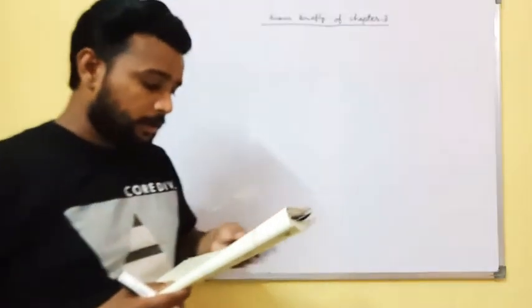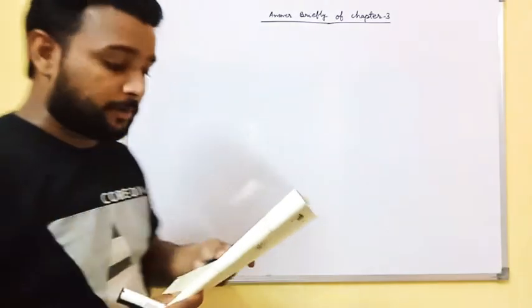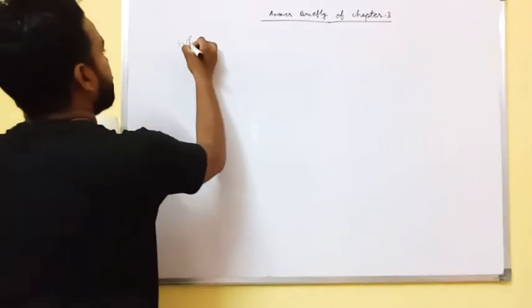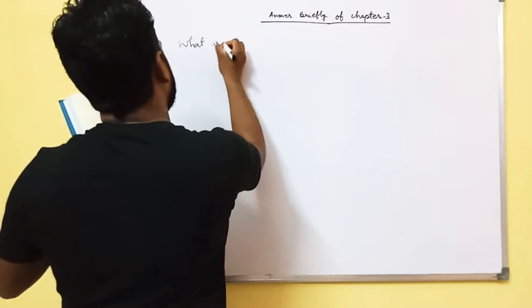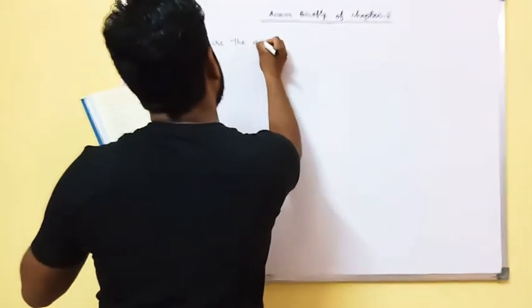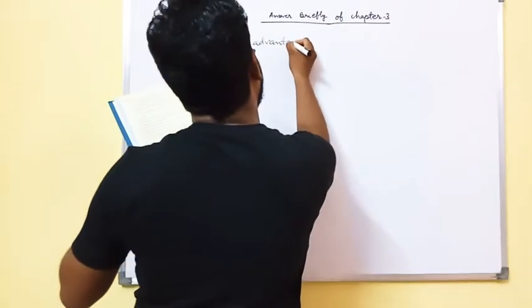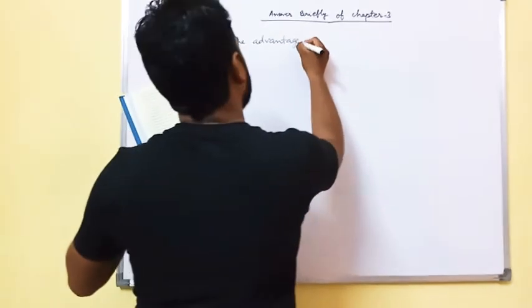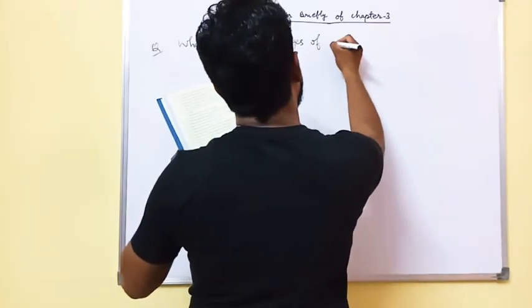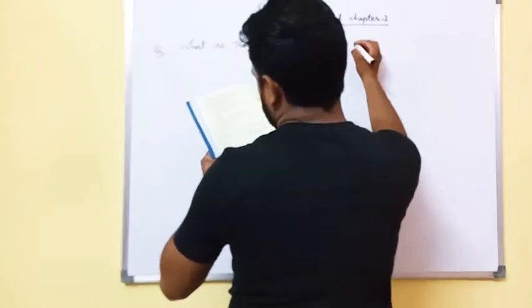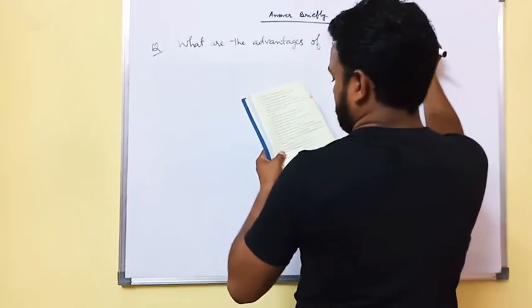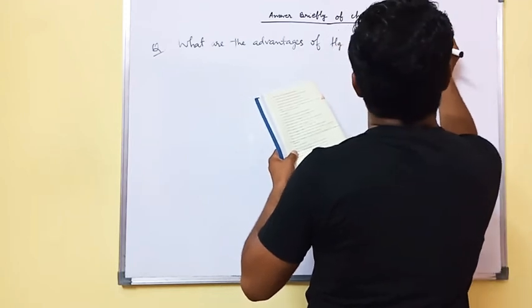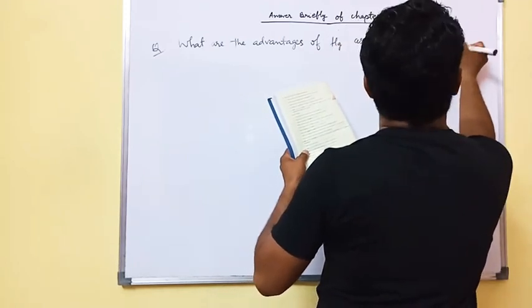The next problem is, what are the advantages of mercury as a barometric liquid?